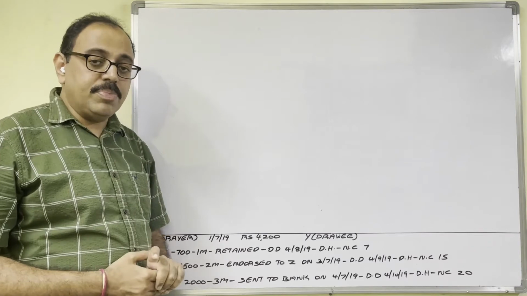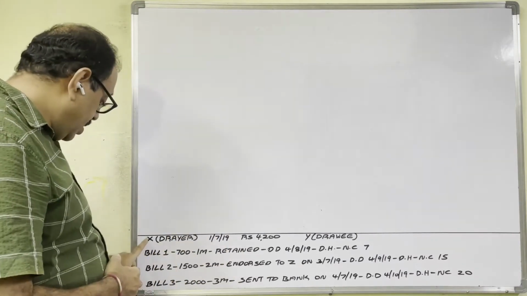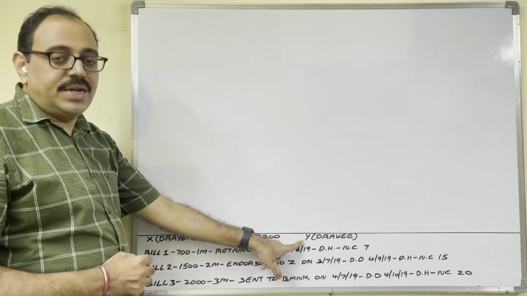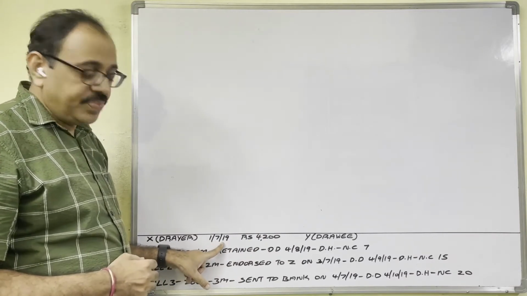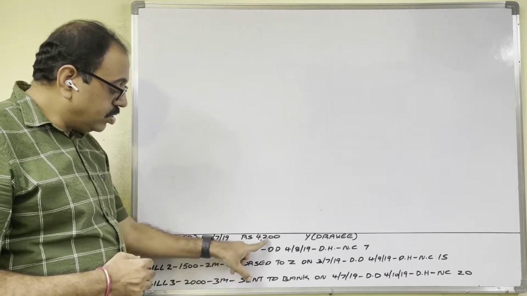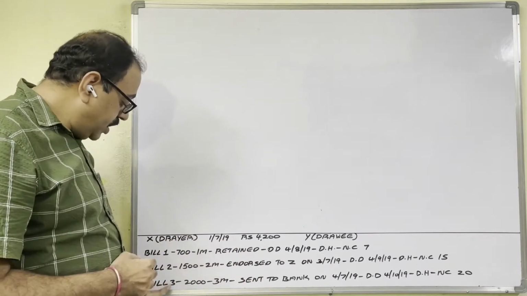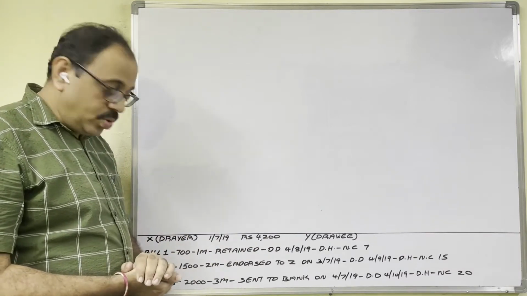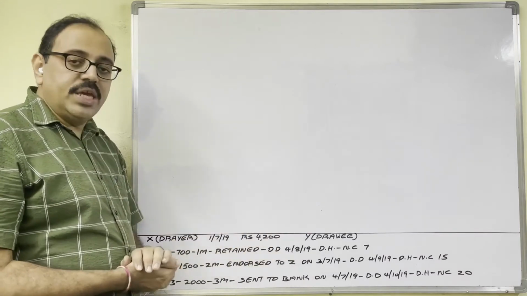This is the question. Let us see the solution. For understanding purposes, I wrote all the important points of the question here. X sold goods to Y on credit on 1st July 2019. He sold goods for 4,200 and X prepared 3 bills on Y and received acceptance. So here X is drawer, Y is drawee.